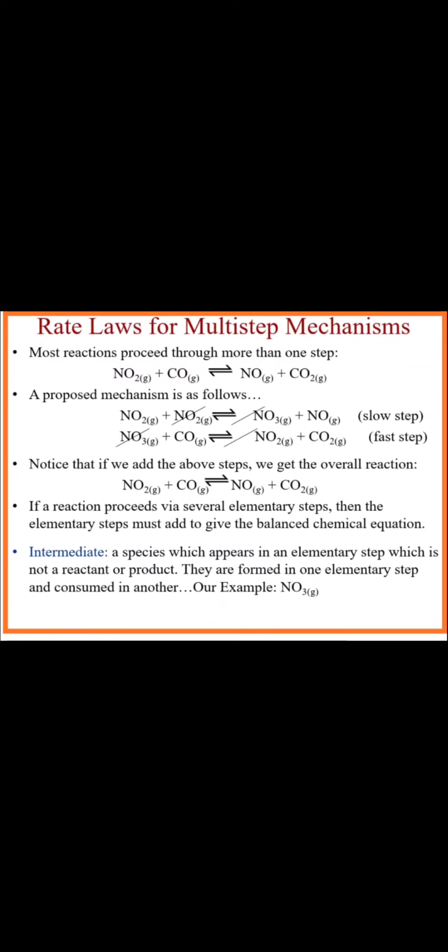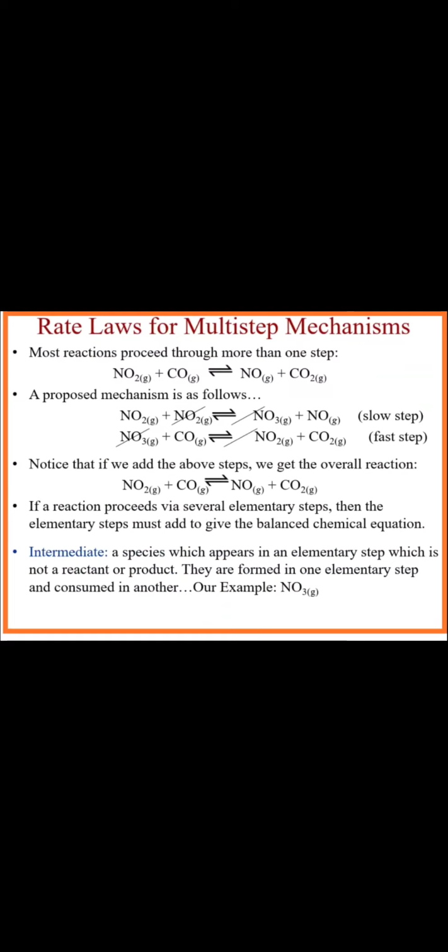Here, students, the first step is the slow step, which is the rate determining step. If we add the above steps, we get the overall reaction, that is, nitrogen dioxide reacts with carbon monoxide forming nitrogen monoxide and carbon dioxide.